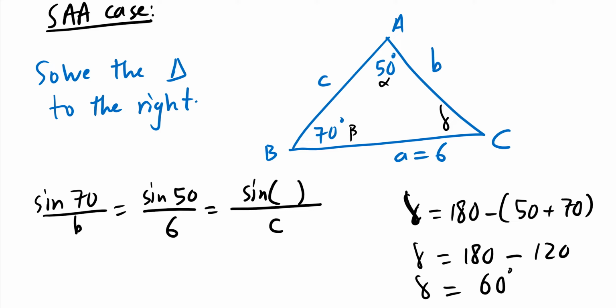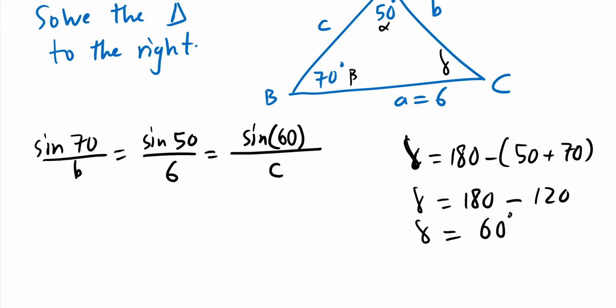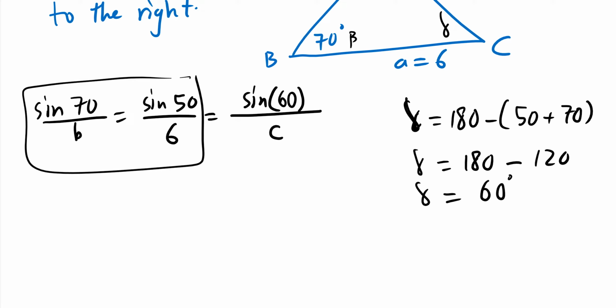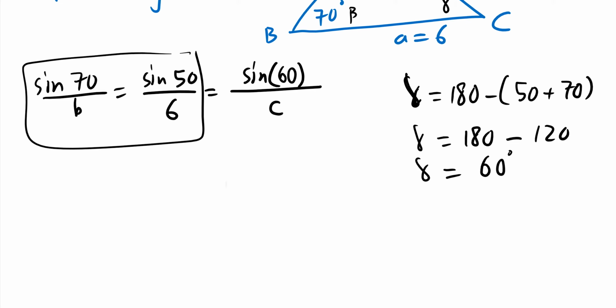So gamma is 60 degrees, and that goes in here. Now I've finished solving for the angles. I just need to find the missing sides, b and c. I can take this proportion to solve for b.